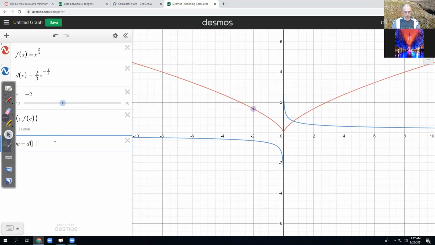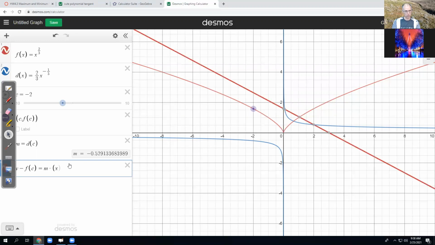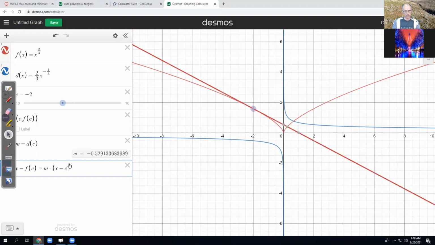I'll do an m equals d of c. Plug in the derivative to get the slope. We can see we got a negative slope there. And then the tangent line, y minus f of c, y minus y1 equals m times x minus x1, which is c here, so x minus c. So there's my tangent line going through there.